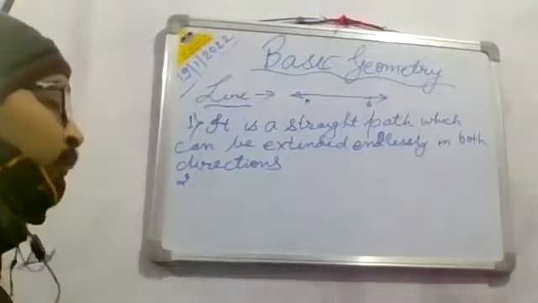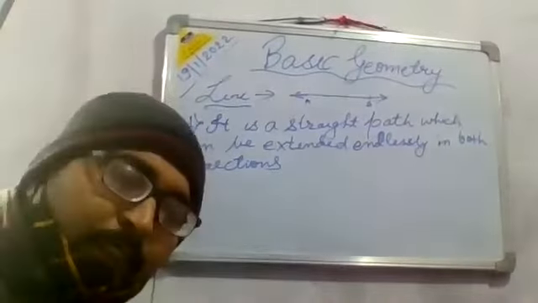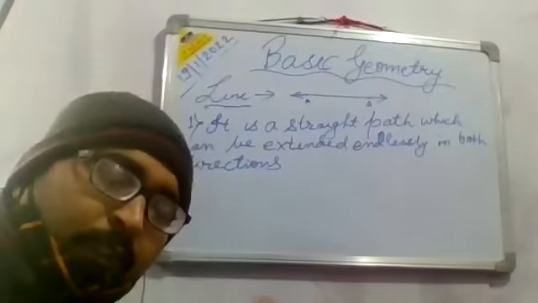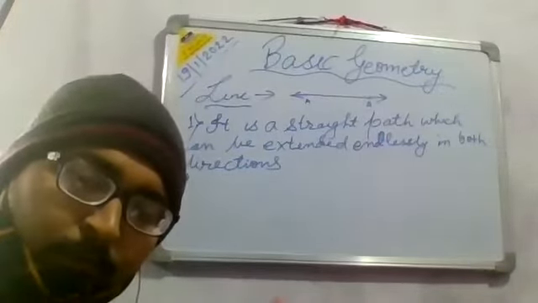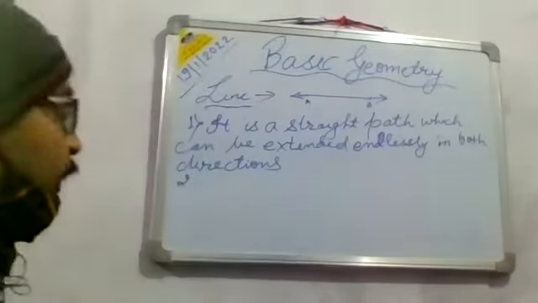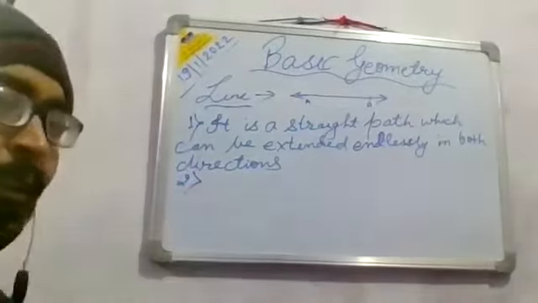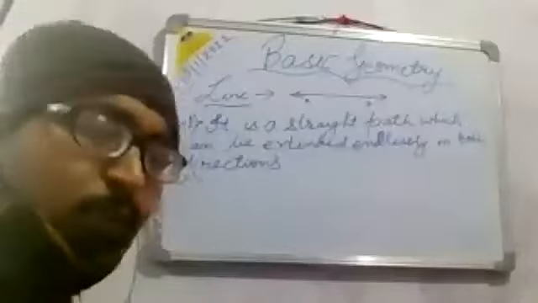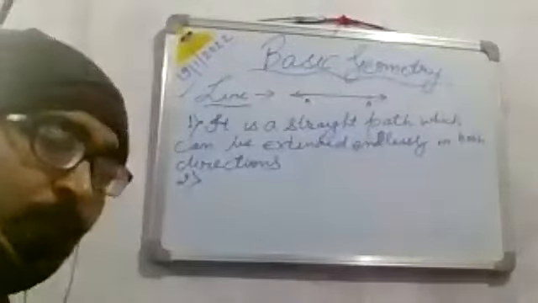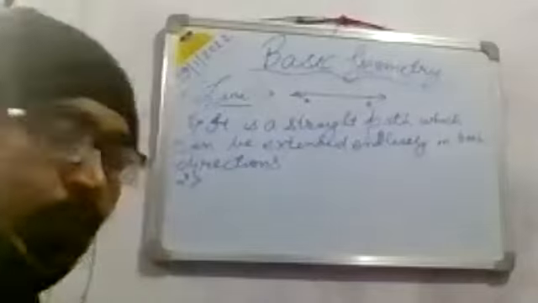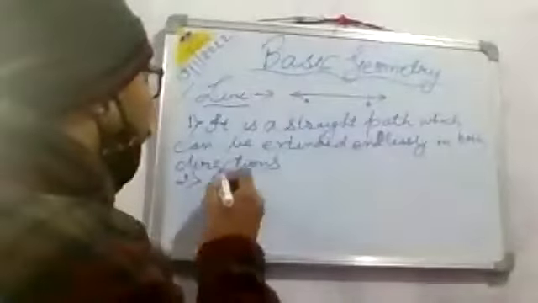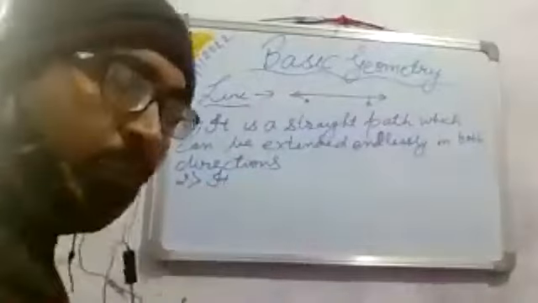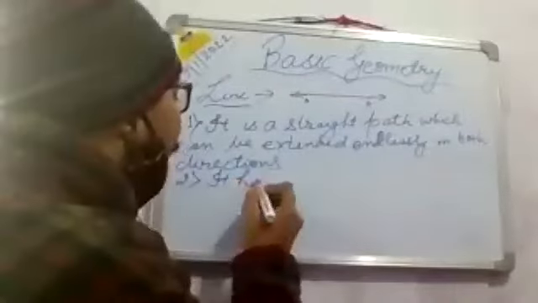Second, it has no definite length. In a line segment it has a definite path, so it can be measured, but a line has no definite length, so it can't be measured. Write it. It has no definite length.